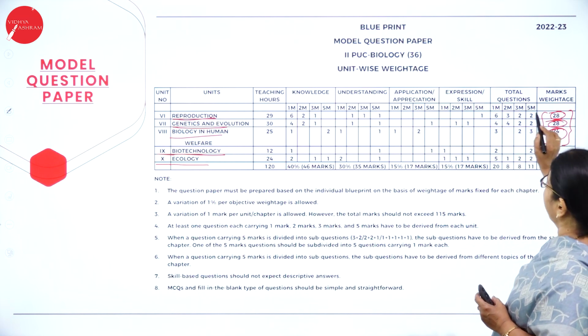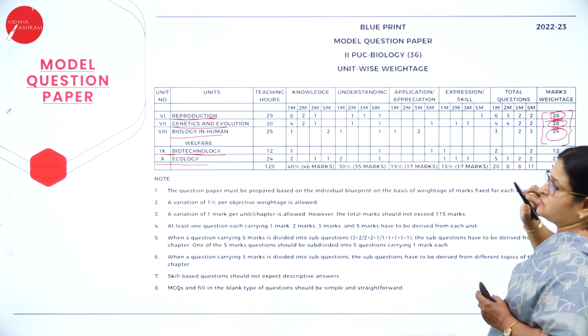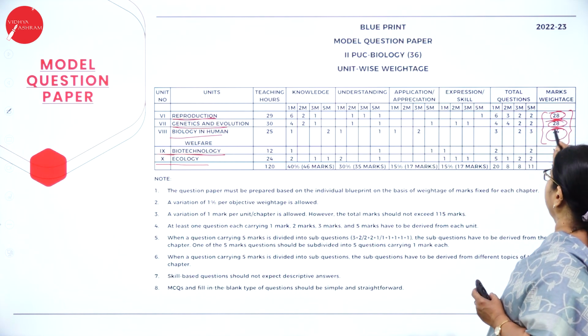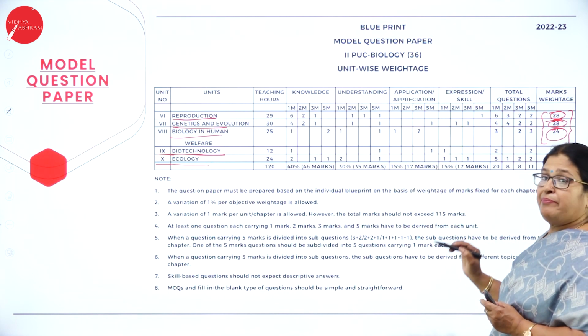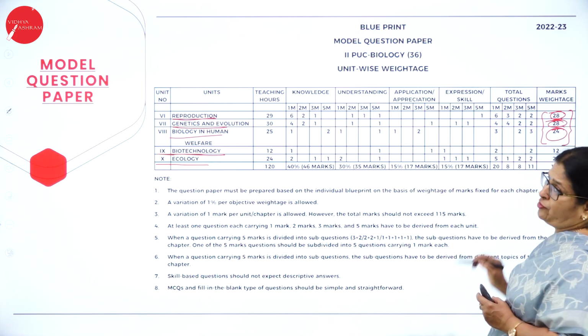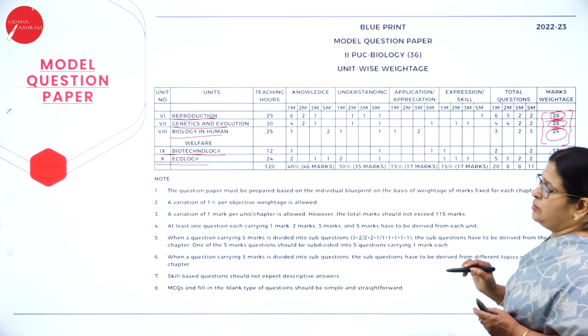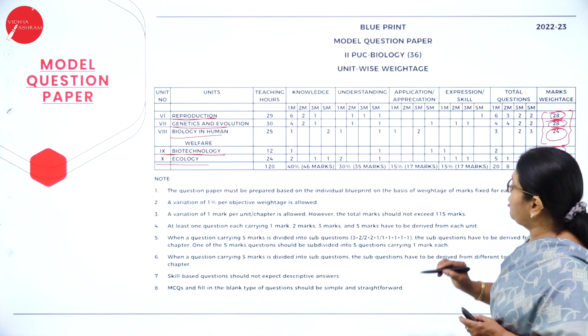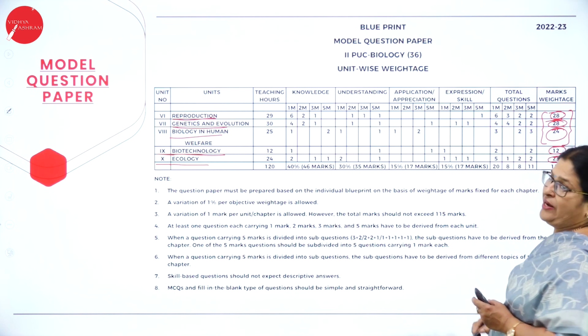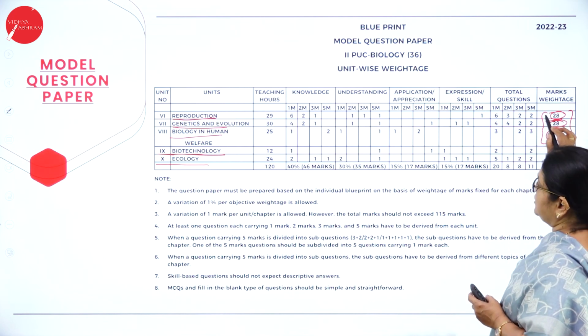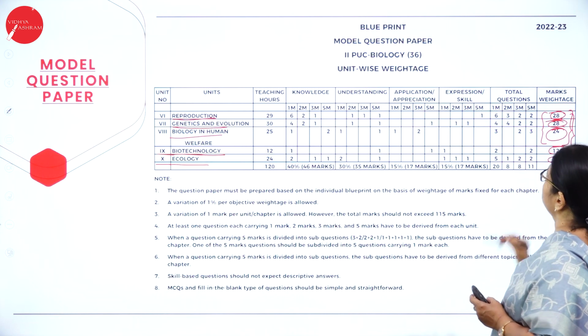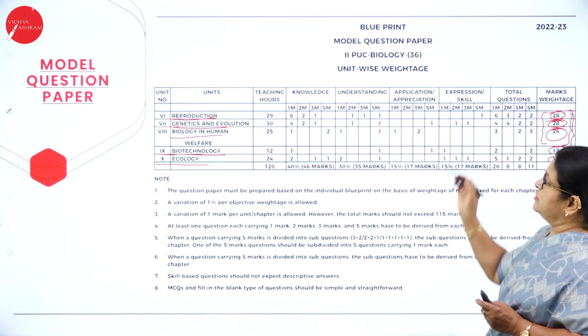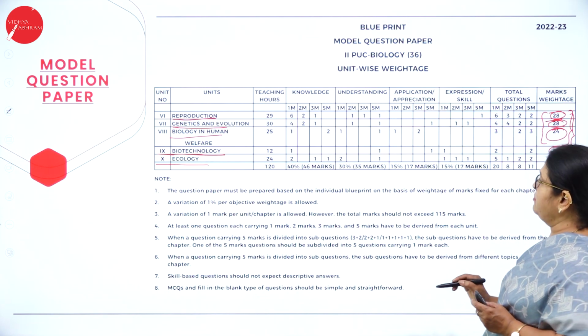Here you can see Unit 6 Reproduction has a weightage of 28 marks, Genetics and Evolution 28 marks, Biology and Human Welfare 24 marks. Moving on to Biotechnology, Unit 9 has a weightage of 12 marks and Ecology has a weightage of 23 marks. So this is the distribution of marks unit wise.